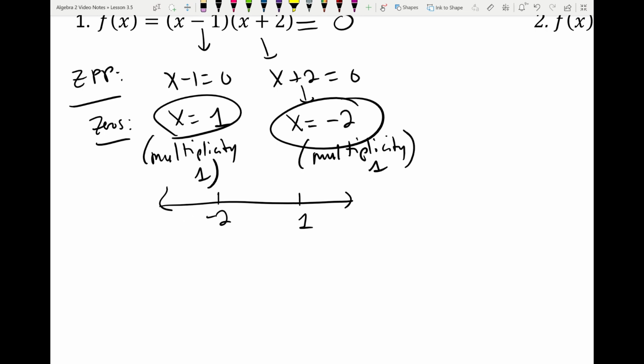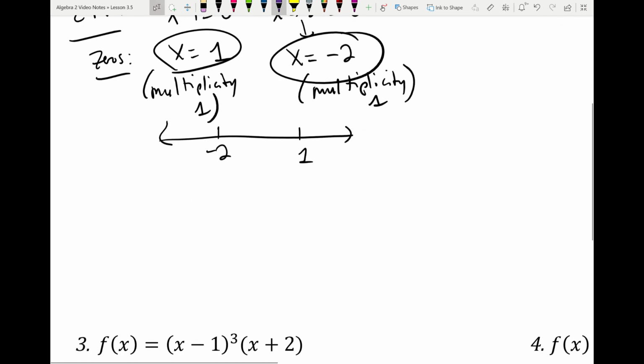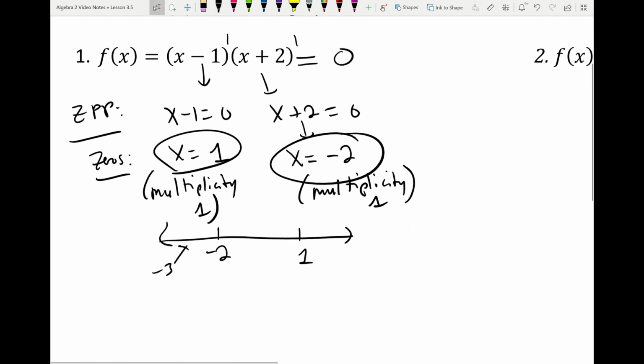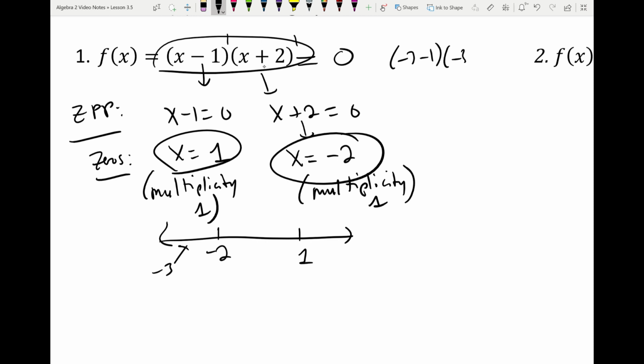Let's plug in negative 3. If we plug in negative 3, we have negative 3 minus 1 and negative 3 plus 2. This is going to be negative, and this is going to be negative. Two negatives make a positive. So this is going to be positive if we plug in negative 3. So I'm going to mark this positive.